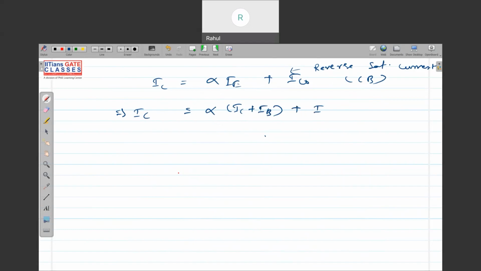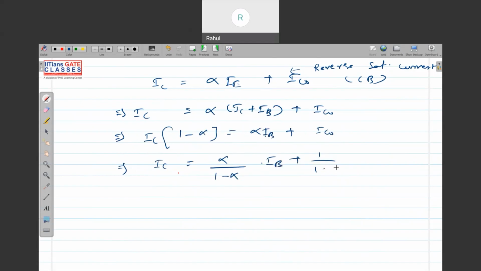So IC into (1 minus alpha) equals alpha into IB plus ICO. Simplifying, IC is equal to alpha by (1 minus alpha) into IB plus 1 by (1 minus alpha) into ICO. This alpha by (1 minus alpha) is nothing but your beta, the current gain of common emitter configuration. So IC is equal to beta IB plus (1 plus beta) into ICO.